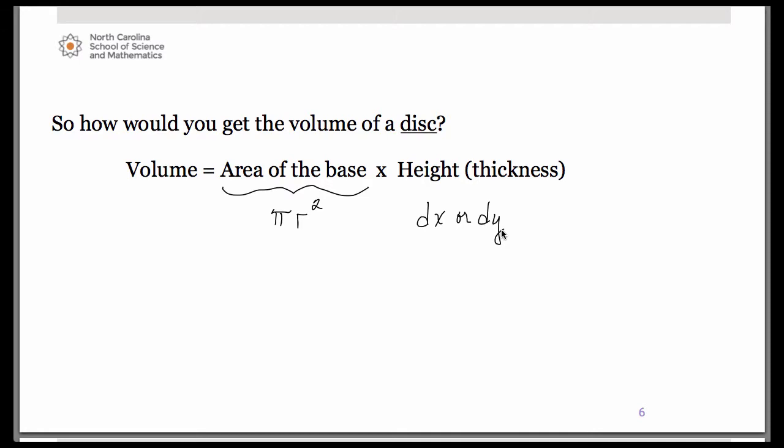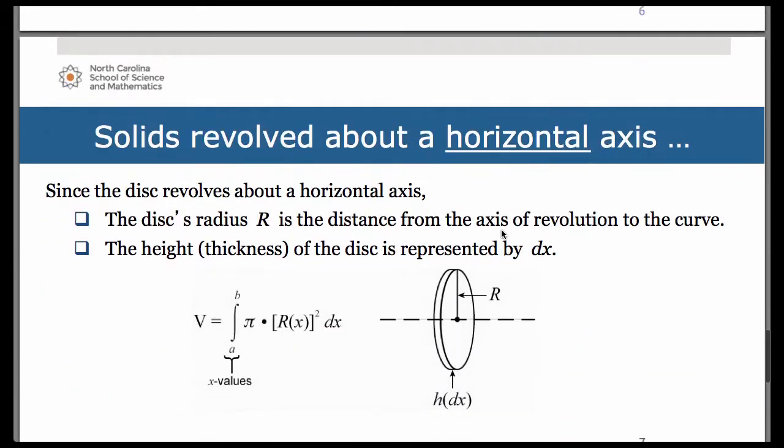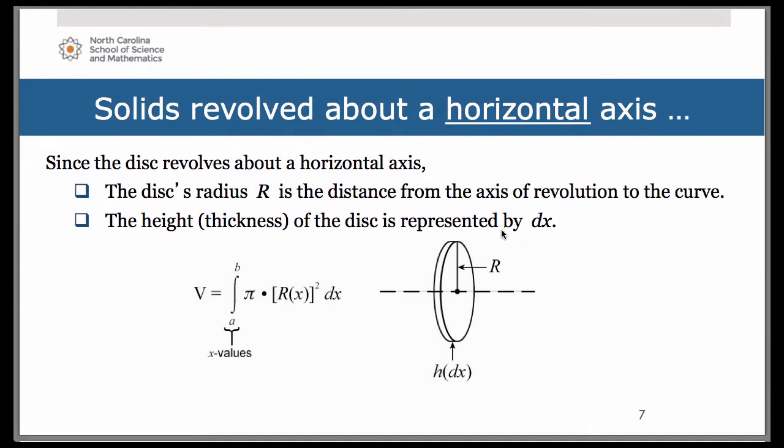Now, depending upon the graph that you have, your representative rectangle could have different orientations, and this is also connected to the type of axis of revolution you have. Is it either horizontal or vertical?